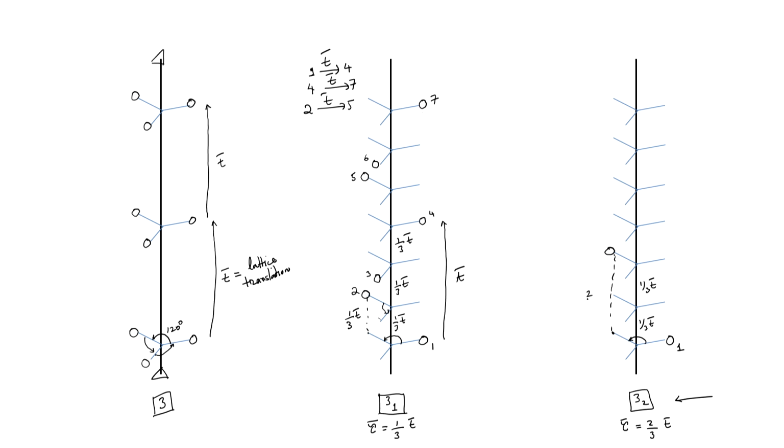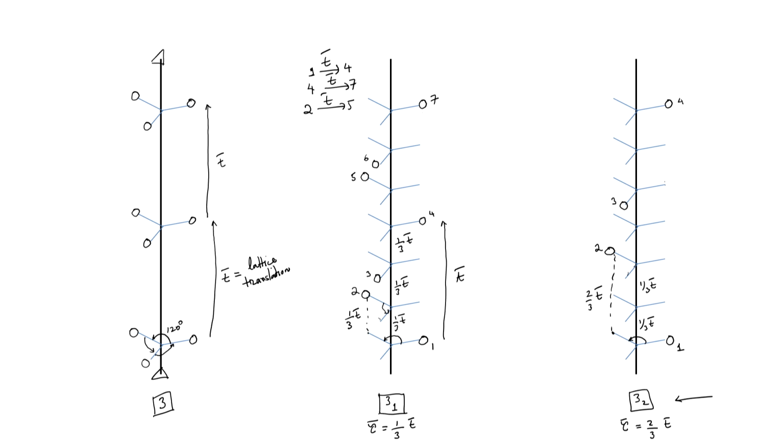So, this is 2/3 the T vector. So, I move to position 2. Another 120 degrees, then I go up 2/3 T again, this is 3, another 120 degree rotation, I go up 2/3 T, I move to this position, let me call this motif number 4.